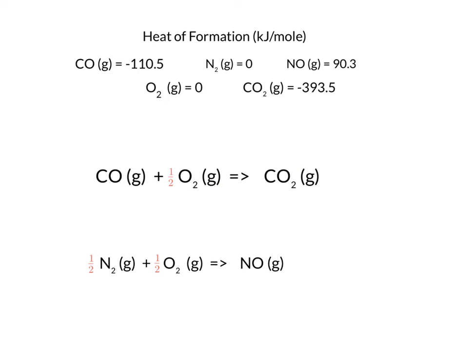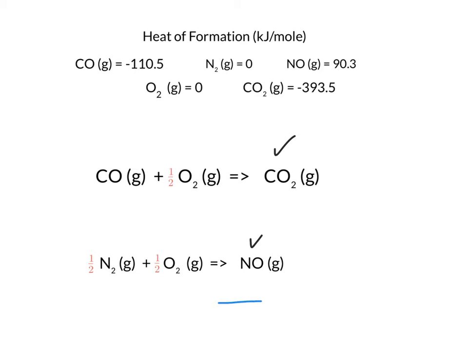If we take a look at this next one, we find we're creating 2 fairly simple products. One is 1 mole of carbon dioxide. The other one is 1 mole of nitrogen oxide. And I have some heats of formation at the top here. So I pull these heats of formation out of our textbook.